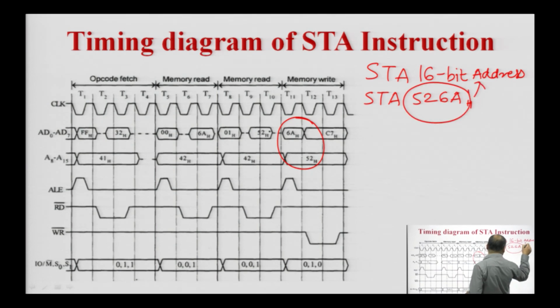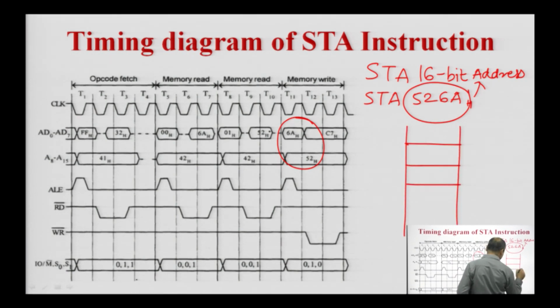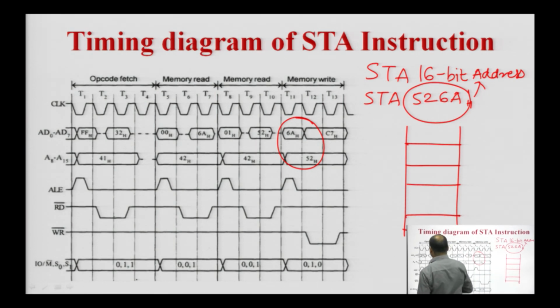This is the 16-bit memory address, and when the microprocessor executes this instruction, it will store the content of the accumulator into the memory location whose address is specified with the instruction, that is 526AH.